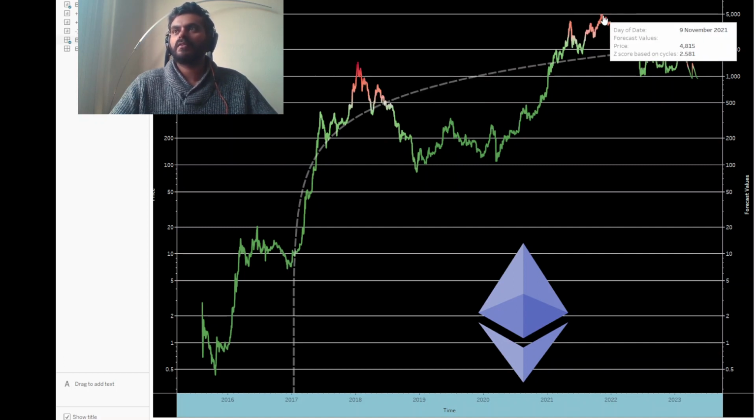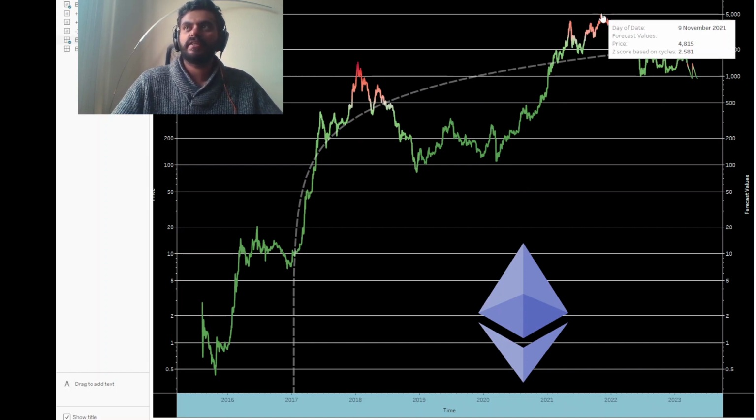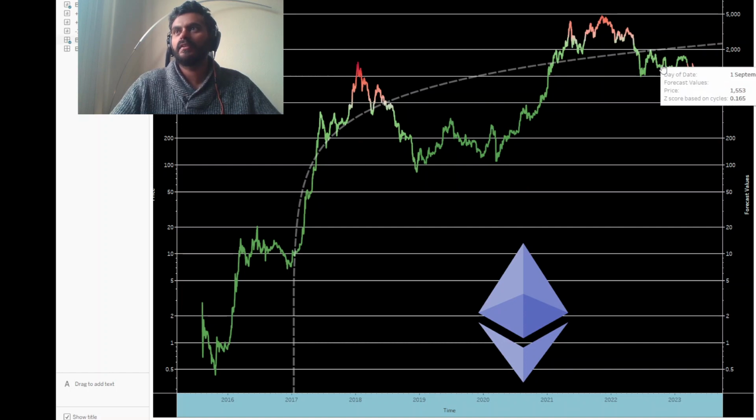Similarly, for the second cycle, the Z score at its peak was 2.5. So this was 2 and this was 2.5. The price on November 12th of 2021 was 2.5 standard deviations away from the mean, and the data for calculating the mean and the standard deviation was from January 1st of 2019 till the end of 2022.